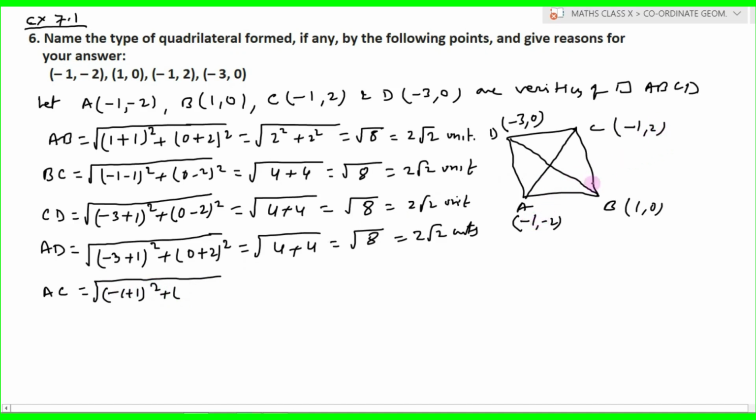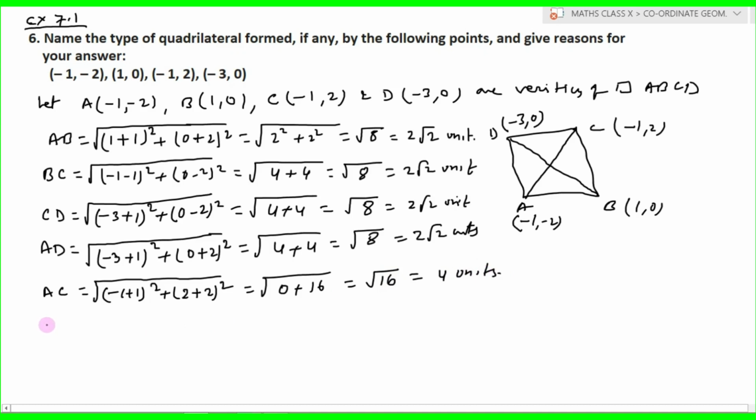So y2 is 2 and y1 is -2. So 2 minus (-2). Okay, so here -1 plus 1 is 0, square is 0, and here 2 plus 2 is 4, 4 square is 16. So this gives you root 16 equal to 4 units. So we got the value of AC.